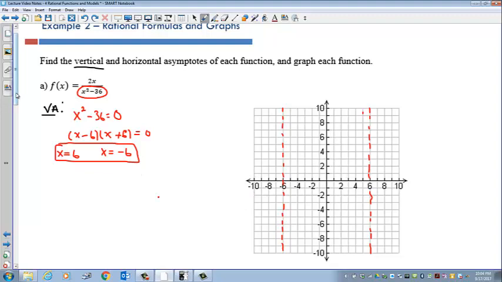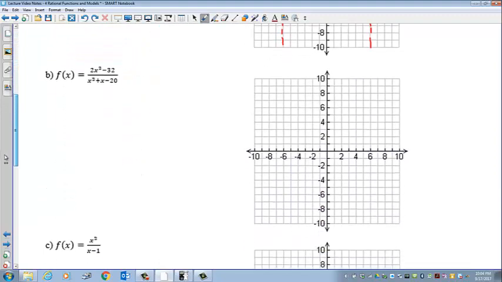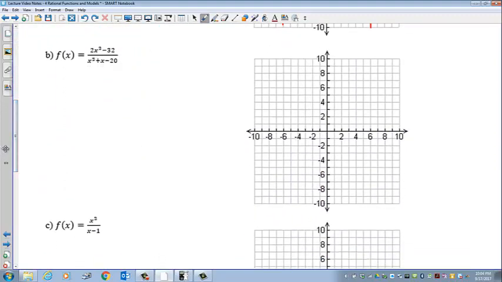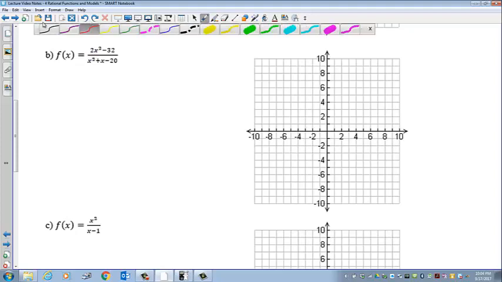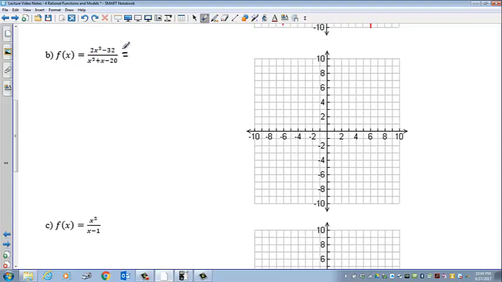So if we go down a little bit on this one, now this one's a bit tricky. It's tricky because you can factor the top and the bottom, and if you don't do this, you might make a mistake. So let's factor the top and the bottom, just so we can see what's going on. You can pull a 2 out of the top here, and you get x squared minus 16. And then the bottom you can factor as x plus or minus something, x plus or minus something, and that something depends upon the 20.